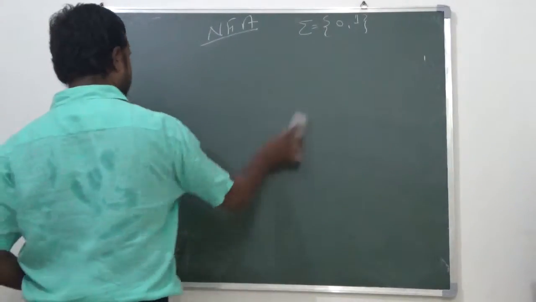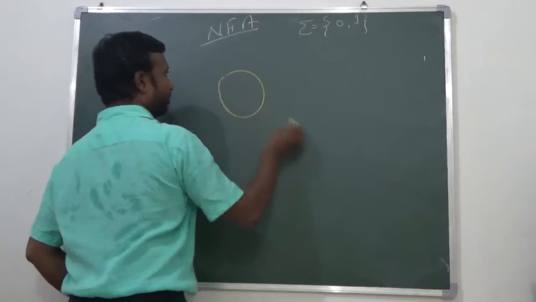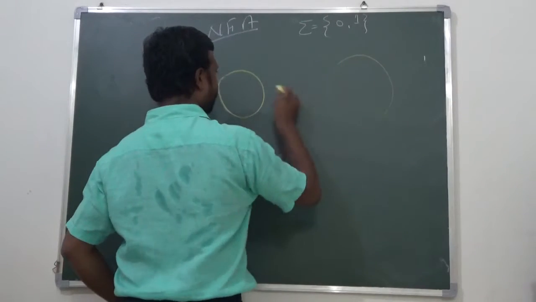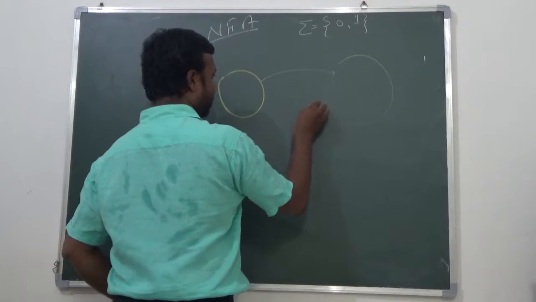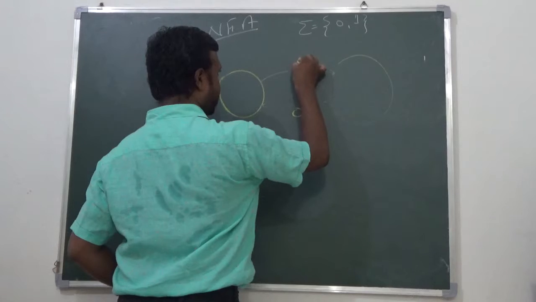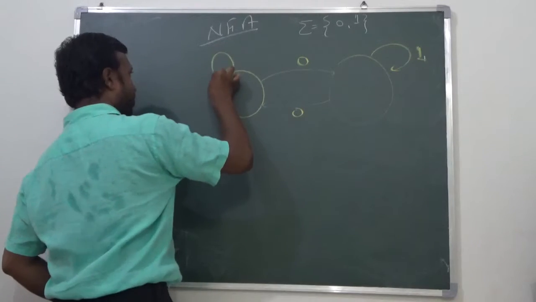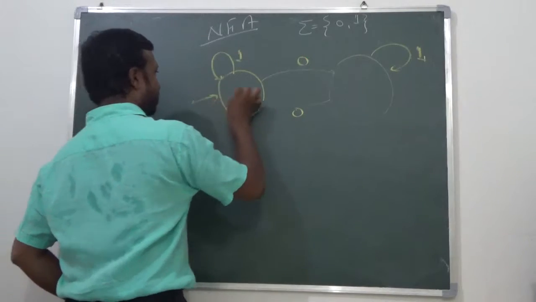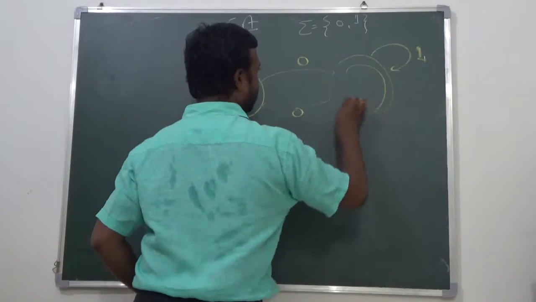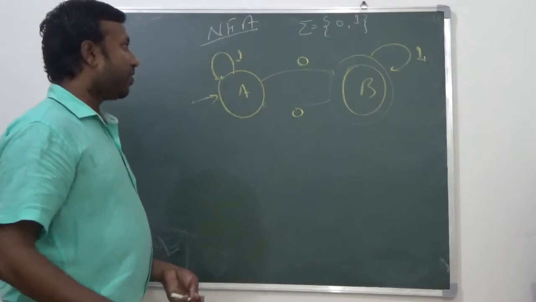Let us say this is the automata. Let us analyze whether this is NFA or DFA.